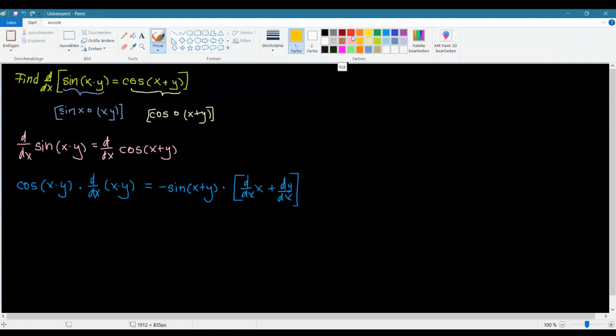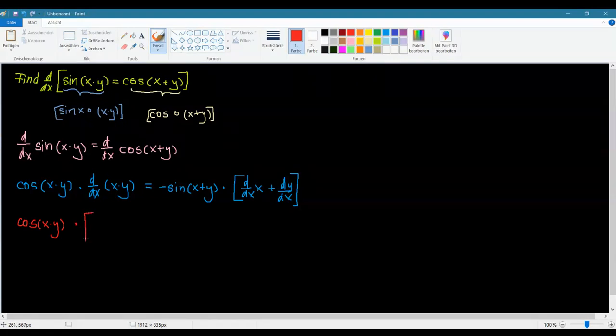So let's just write that down now. This is going to be important. X derived with respect to x is just going to be 1, but we're going to write it down so we know what we did if we go back and look at it. So now we've got cosine of x times y times dy dx of x times y.